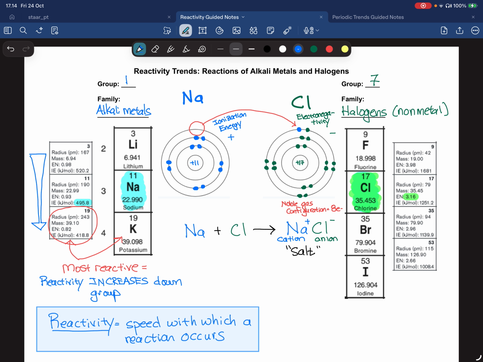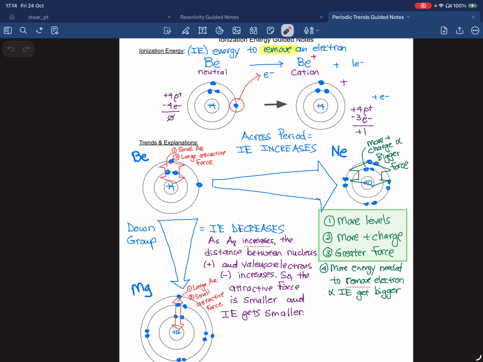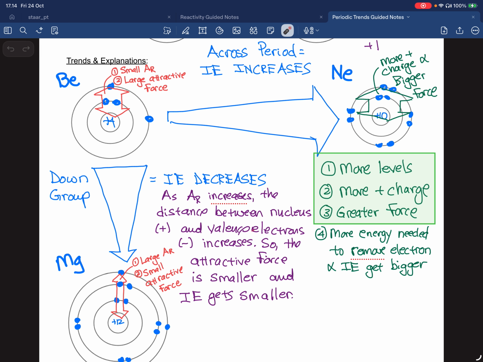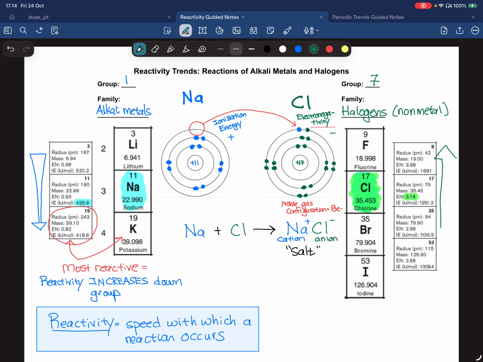Well, the ability to attract that electron for nonmetals is what counts. And so for those, it's the electronegativity. The bigger it is, the better it is, because it attracts the electrons more. Well, if we look at our periodic trends guided notes, we see that electronegativity also decreases down the group. Or if you want to think of it this way, the electronegativity increases up the group, right?